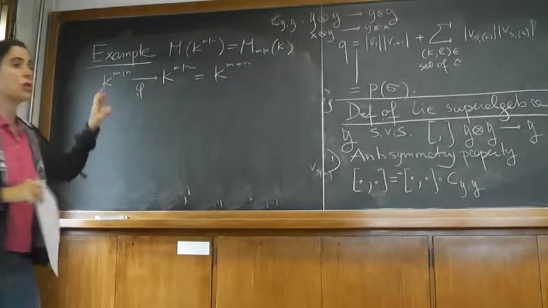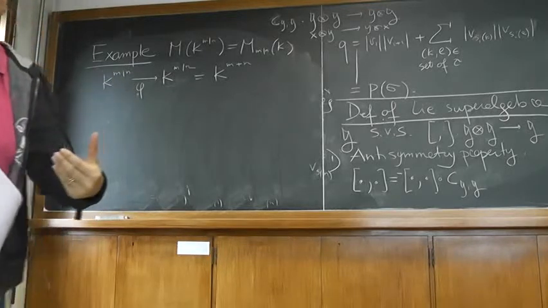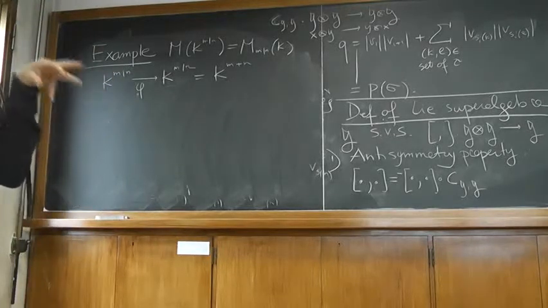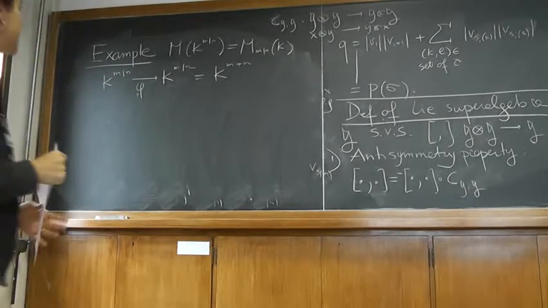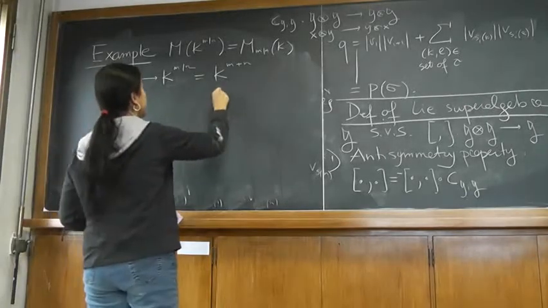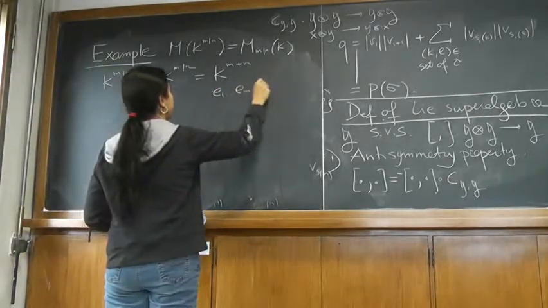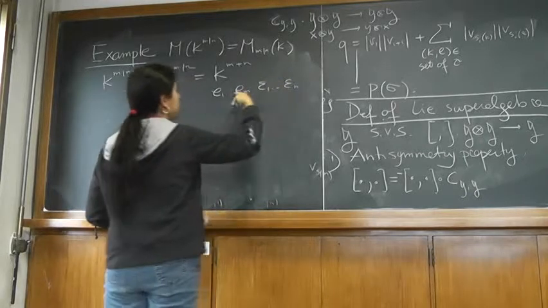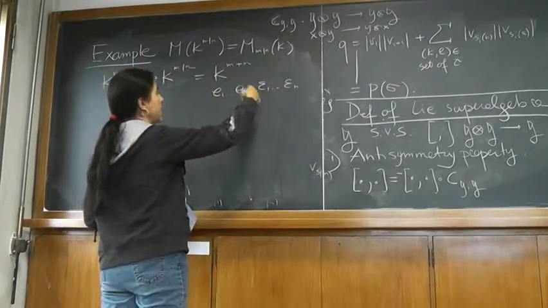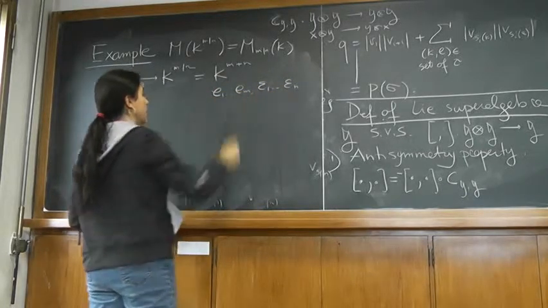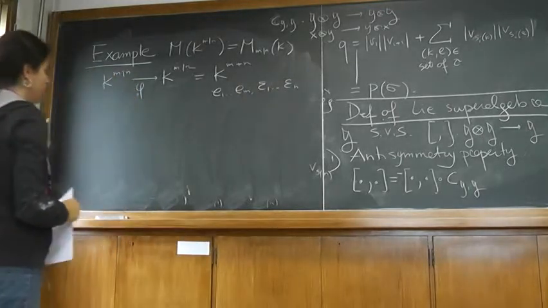It's a vector space of dimension m plus n, where we fix this basis, e1, ..., em, epsilon 1, ..., epsilon n, and usually the Latin letters are for the even part and the Greek ones for the odd.